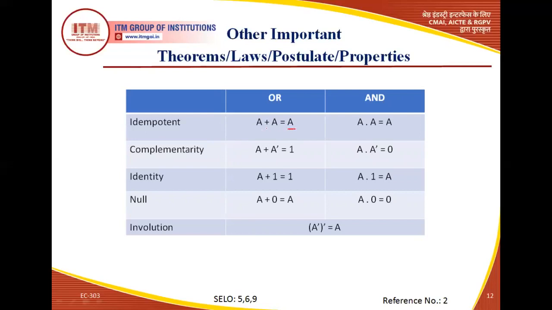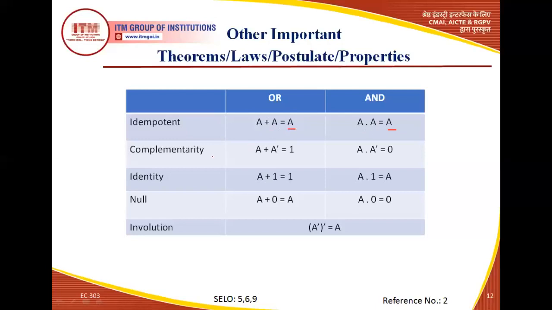That means 0 or 0 gives 0, and 1 or 1 gives 1. Similarly, if we perform the AND operation between the same variables, it will generate the same variable as output. So the idempotent law performs the OR operation and AND operation between two same variables, and in both cases we get the same result. That means A plus A equals A, and A dot A equals A.